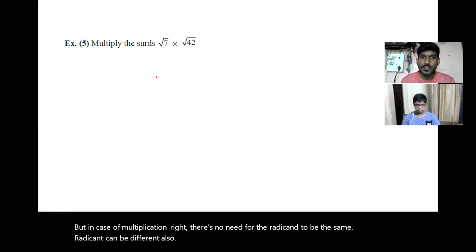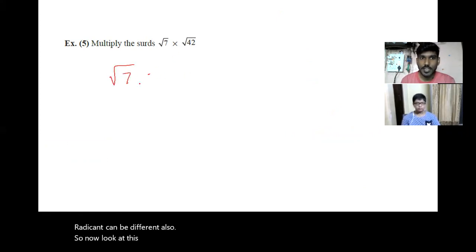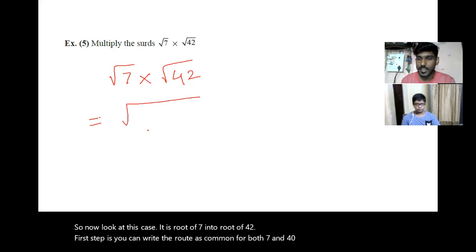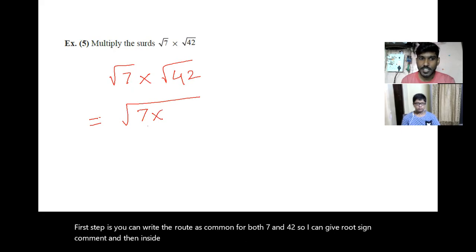So now look at this case. It is root of 7 into root of 42. Now, first step is you can write the root as common for both 7 and 42. So I can give the root sign common and then inside the radical sign 7 into 42. Okay. Now how much is 7 multiplied by 42?